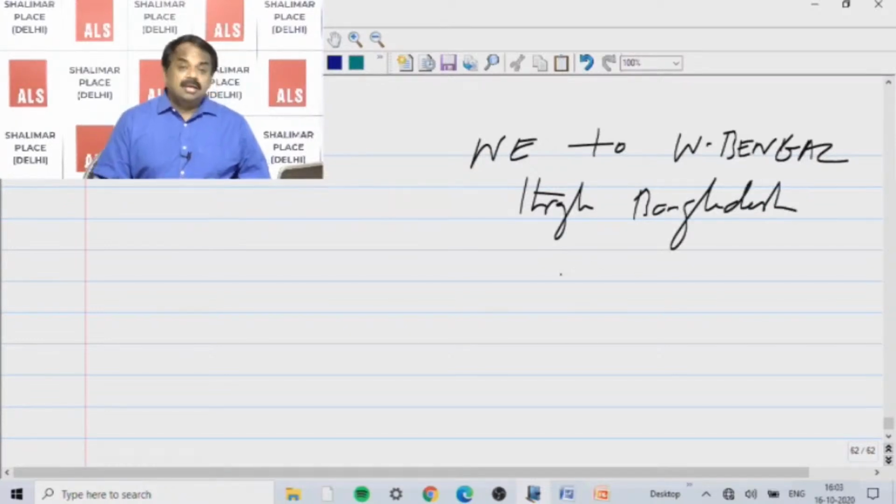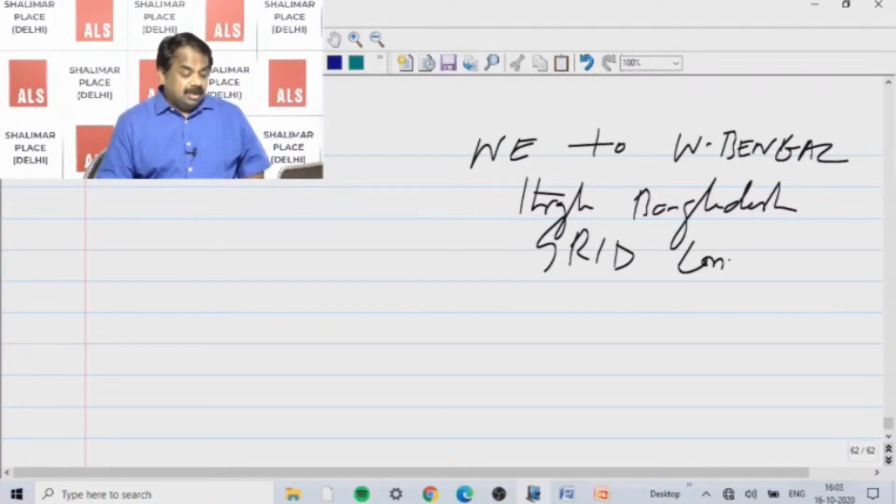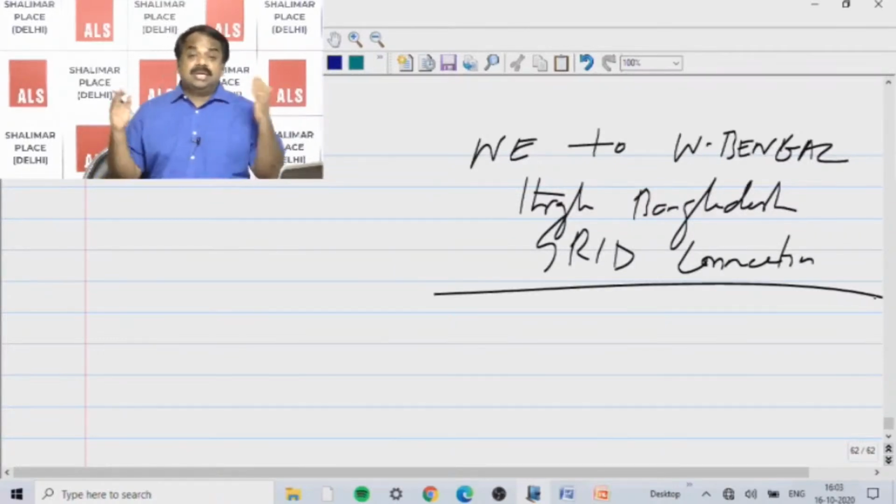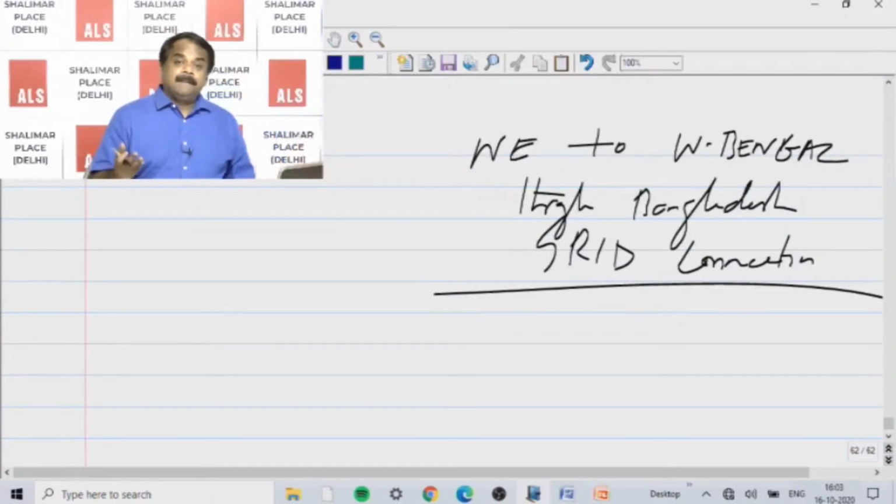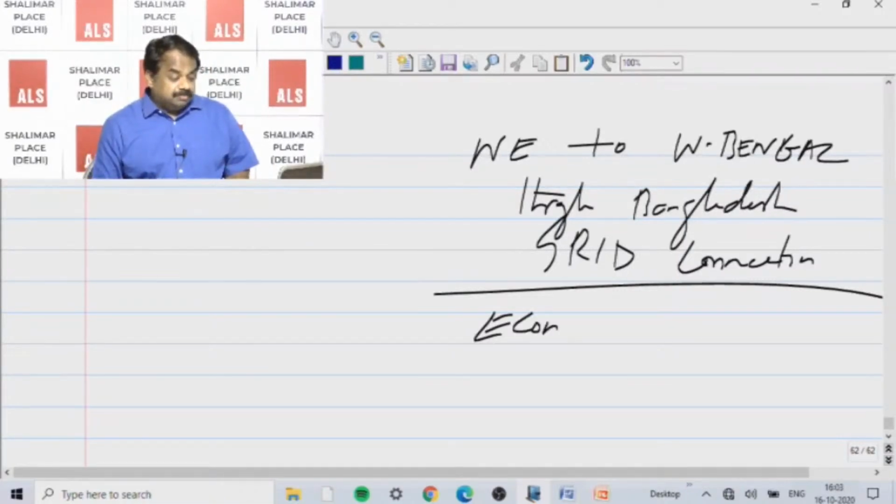We have agreed to have a grid connection. It will definitely improve the electricity availability across the country, and also we can evacuate power from northeast India to the mainland. So these things will definitely help in the economic growth of the region.